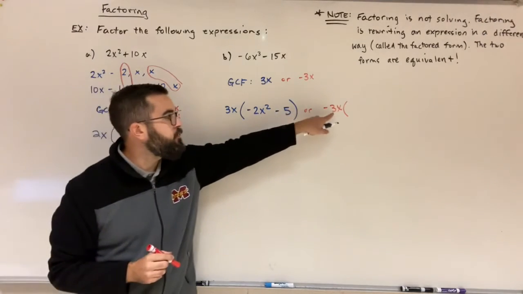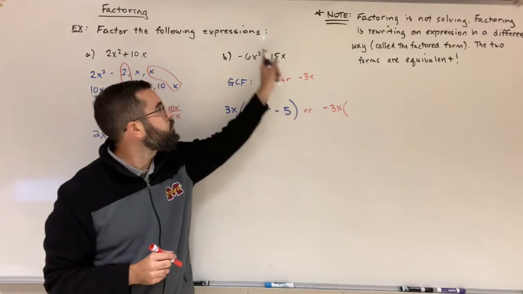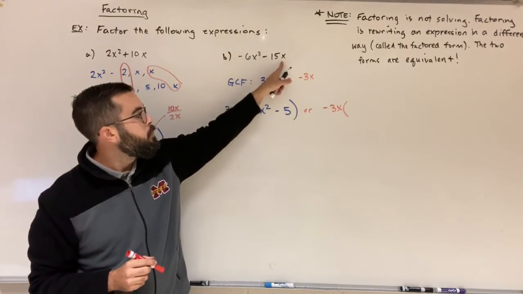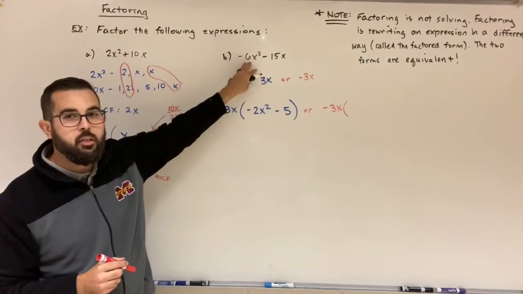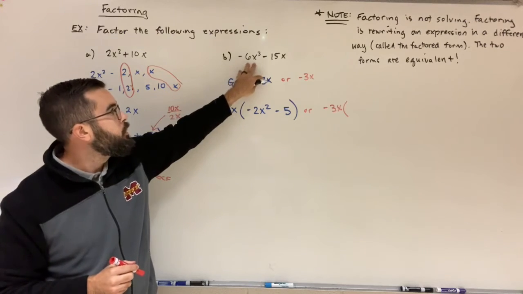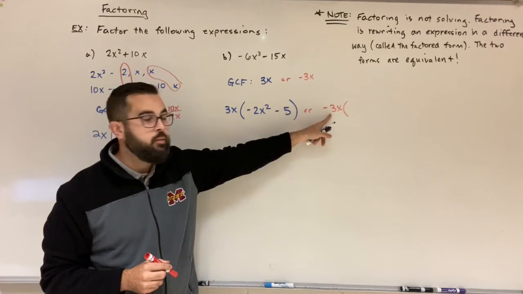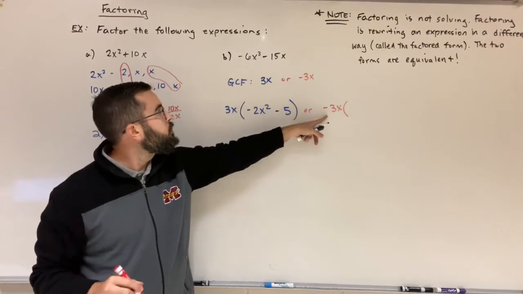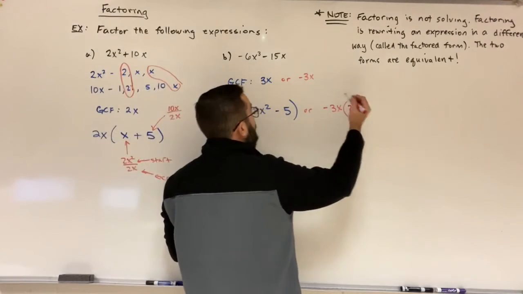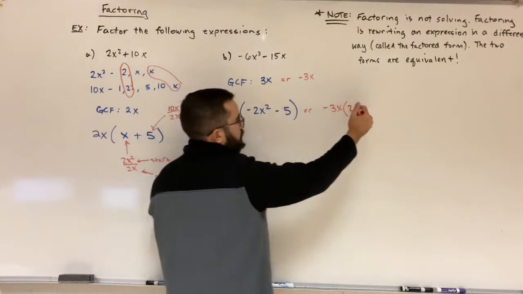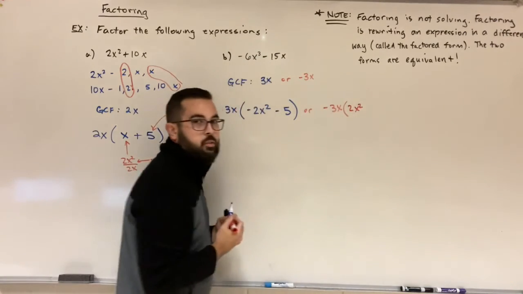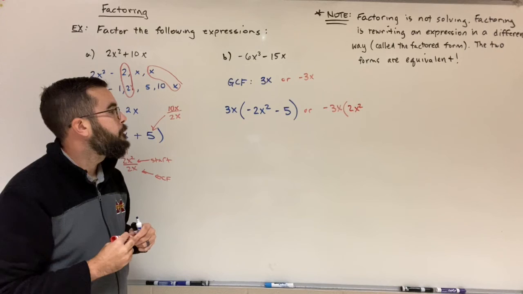So if I factor out a negative 3x from both of these terms, what would I be left with in the first term? Well, negative 6x cubed divided by negative 3x, negative divided by negative is positive, 6 divided by 3 is 2, and x cubed divided by x is x squared. So I'd be left with 2x squared.